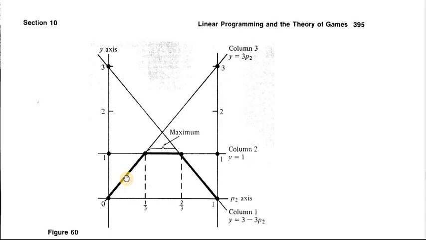Now an interesting thing here is that if the row player plays anything between 1/3 and 2/3, if the row player chooses P2 anything between 1/3 and 2/3, then the column player is going to choose column 2 and his payoff is going to be 1.